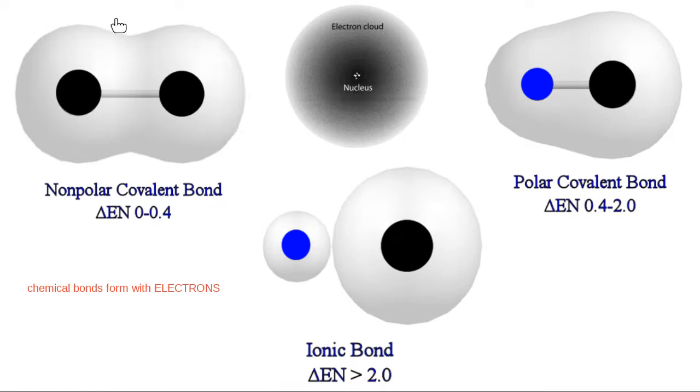Let's remind ourselves with the terminology, whenever we see the word covalent, what did I tell you we should be thinking of? The word covalent always means the same thing. Yeah, covalent always means sharing.